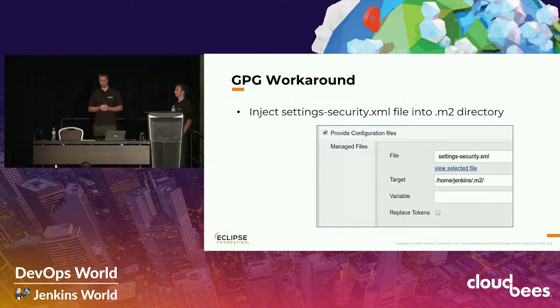There's a way to do this with the option called provide configuration file. And because this is in a cluster environment, we inject it into the home directory of the Jenkins user, in the .m2 directory.